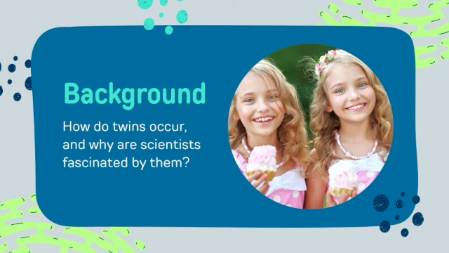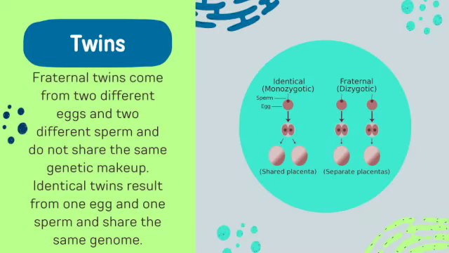Okay, so to start the background, we are just going to talk about twins first off. We're going to talk about how exactly twins occur and then why they play such an important role in research for genetics. So first off, there are two different types of twins.